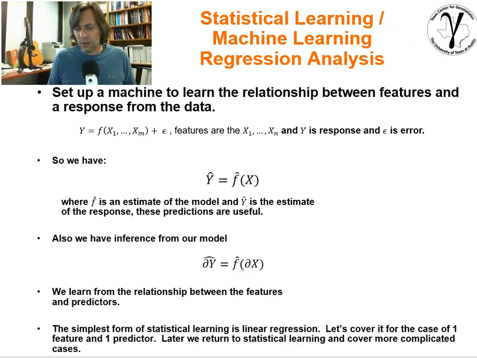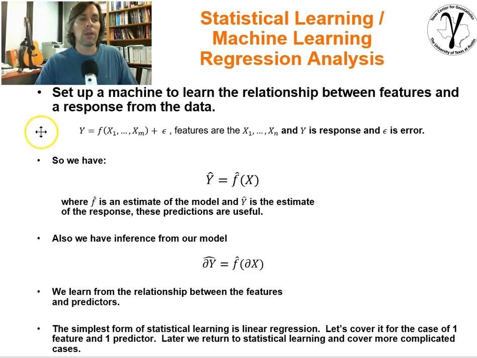When I introduce linear regression, I like to do so in the context of the most simple form of machine learning possible. If you think about it, machine learning is teaching a machine to learn the relationships between features and a response based on or driven by data.